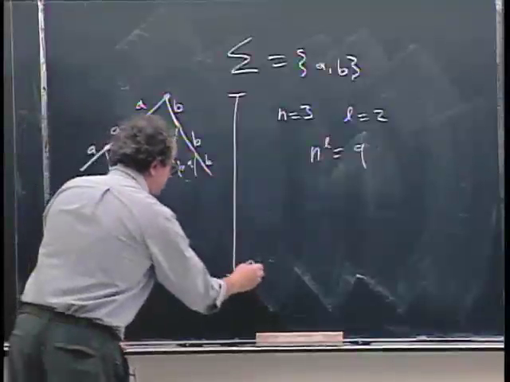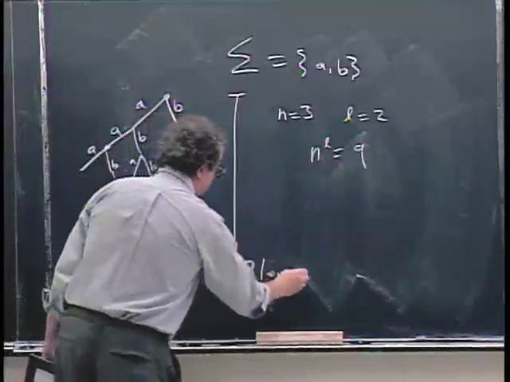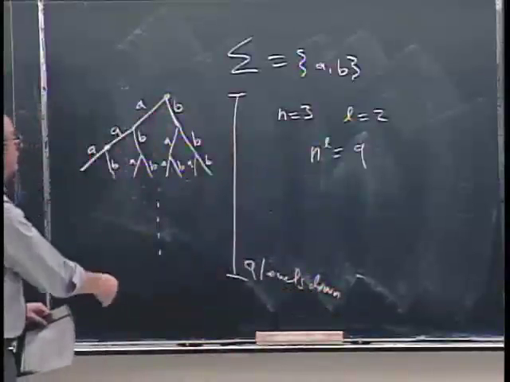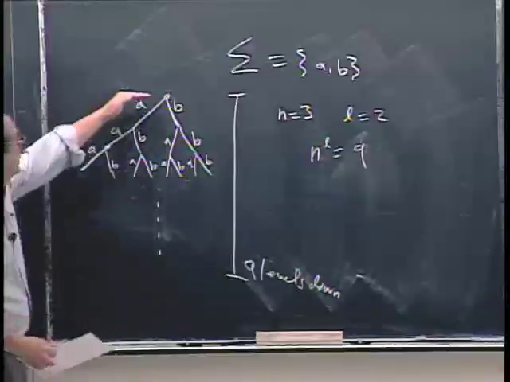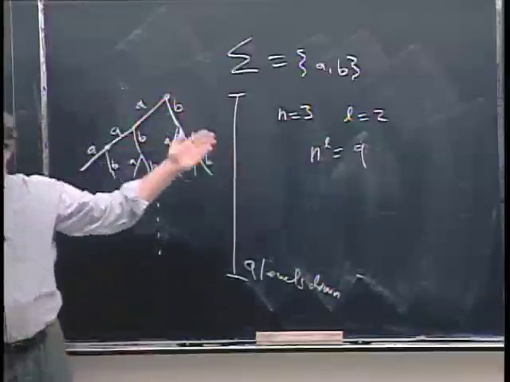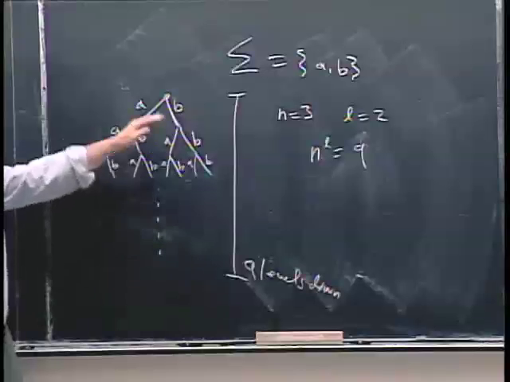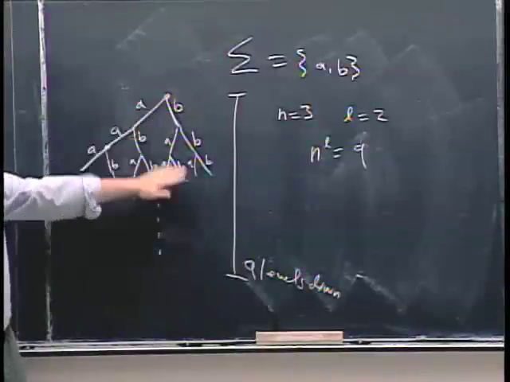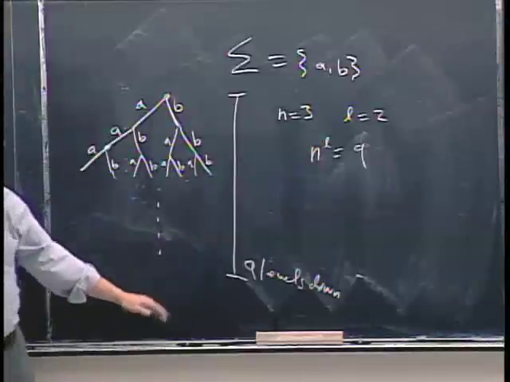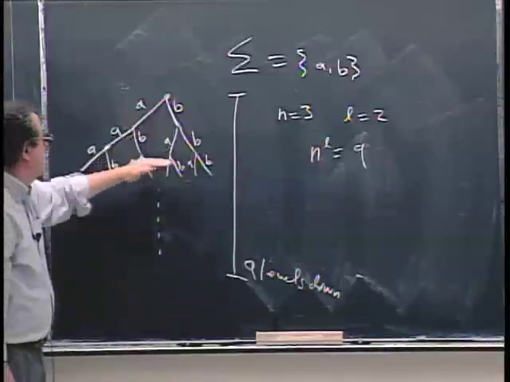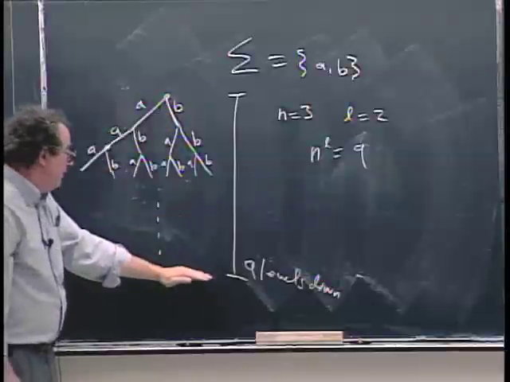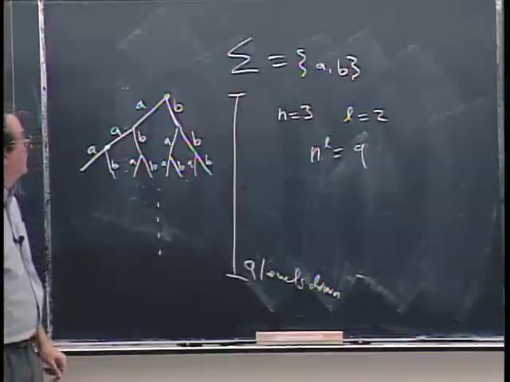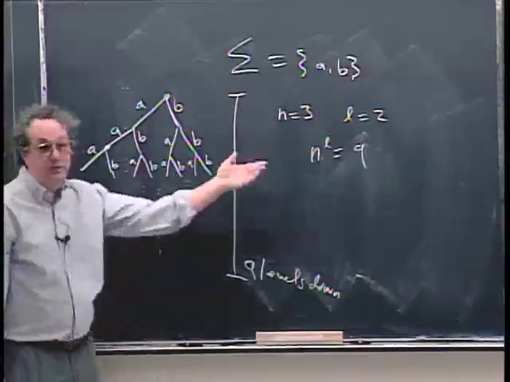Okay, 9 levels down. So if I generate all the strings of length N to the L, I'm generating all the strings of length 9, and here's a deterministic tree that shows you how you would do it, right? And so every string that gets generated in here, all the way down to depth 9, is a string whose size is less than or equal to N to the L.